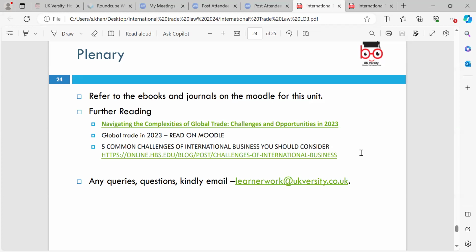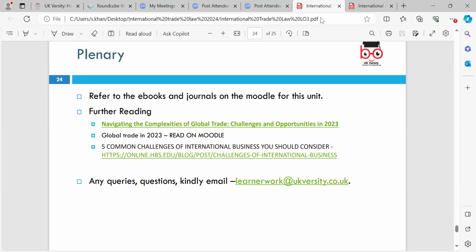There's also an article on global trade in 2023, which I did show you, in regards to the more recent changes in global trade involving America, China, and the US, and how these impacted global trade and international trade. So have a read of these articles that are on Moodle. I've shown you some of the articles on Moodle in regards to that. And there were 5 articles throughout Learning Outcome 1, Learning Outcome 2, and Learning Outcome 3 for additional reading.